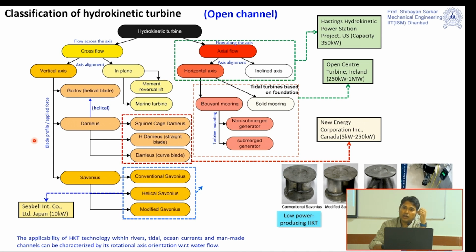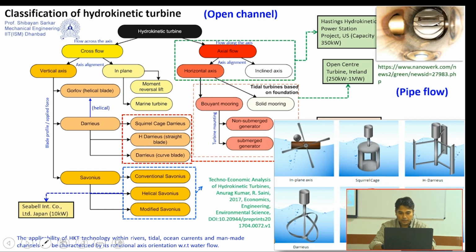Before that, we generally prefer to exercise it through simulation, and after getting a satisfactory result, only then do we go for the making of this particular turbine, and then implement it in a laboratory or as a pilot project. So these are the different types of Darrieus turbine.